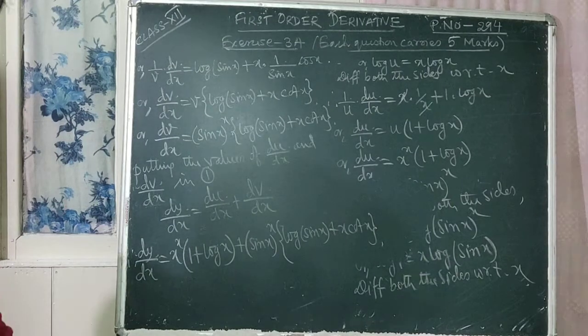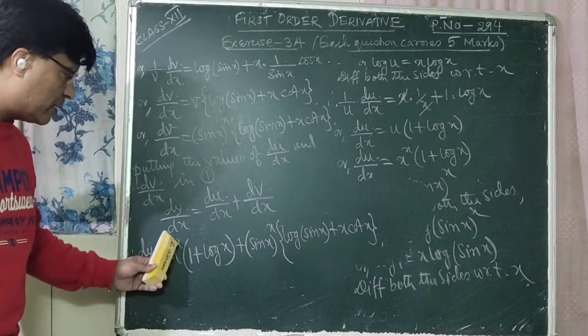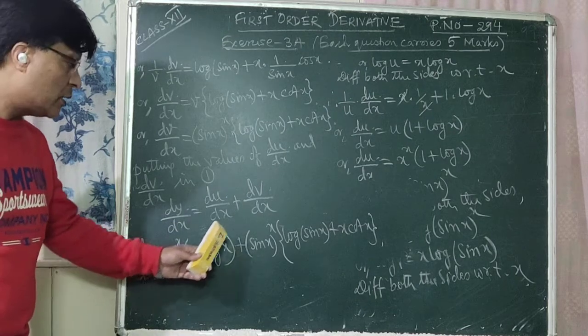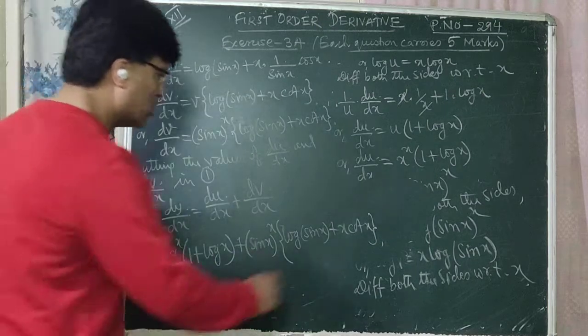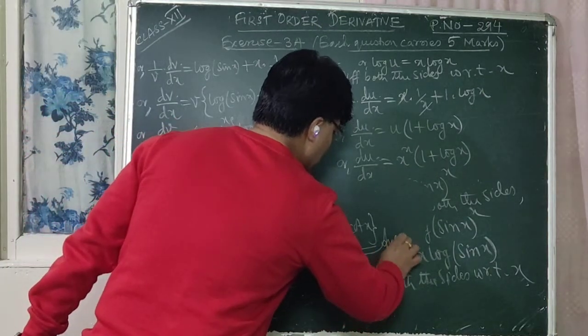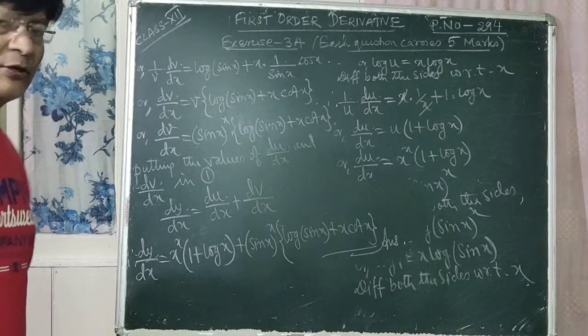So this is the final answer. The value for dy by dx is x to the power x within bracket 1 plus log x, plus sin x whole to the power x into, within second bracket, log of sin x plus x cot x. So this is the final answer. Is that understood now? So you can copy it.